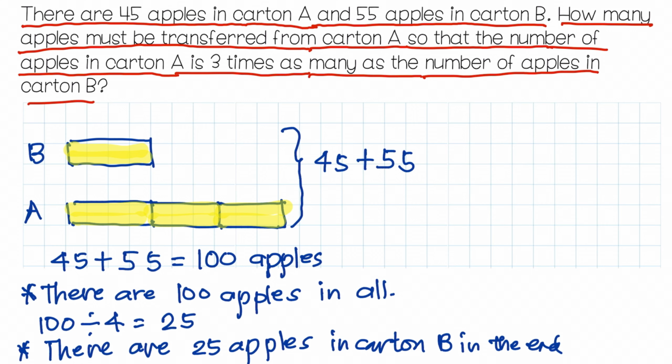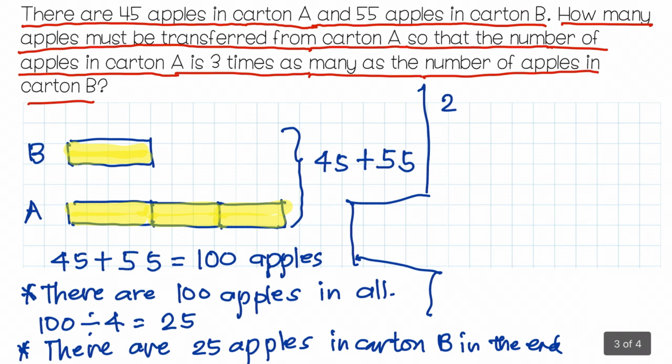Okay, now let's continue. I don't have space here now. So, there are 25 apples in carton B. And in carton A, 25 times carton B, there are 3 parts.